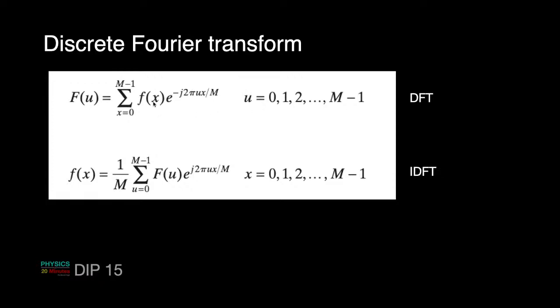While if I bring this thing over here, and instead of minus I put plus, what I will get, and you need a normalization factor 1 by M. If you do more mathematics, you will realize more about it. Sometimes it's written as 1 by M, or sometimes it's written as 1 by root M here and 1 by root M here.